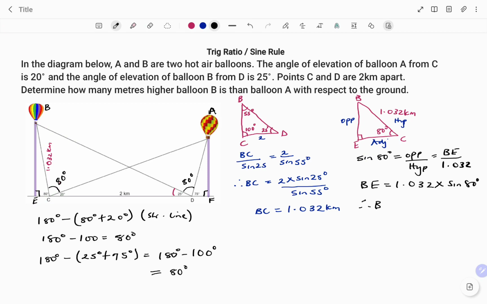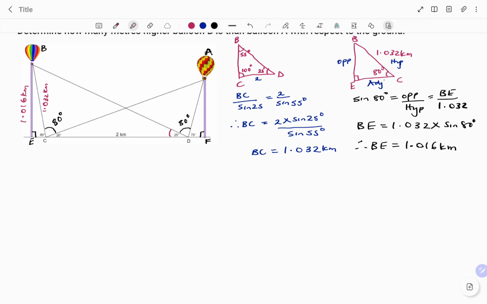Therefore, the height of the balloon B will be 1.016 kilometers from the ground. I'm going to put that here, 1.016 kilometers. Now I need to repeat the same thing on my right hand side.